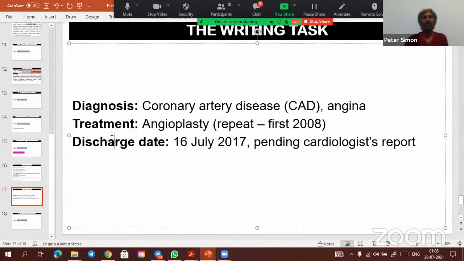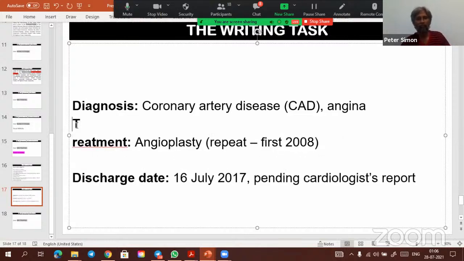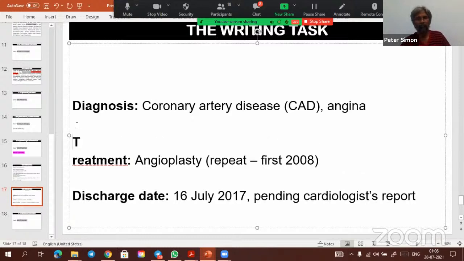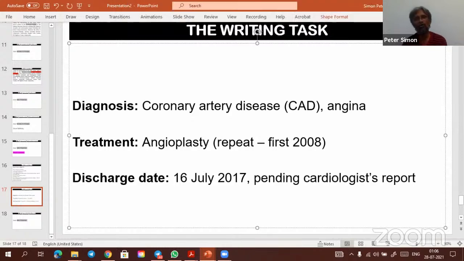Okay. Now this is the diagnosis, the treatment, and the discharge date.